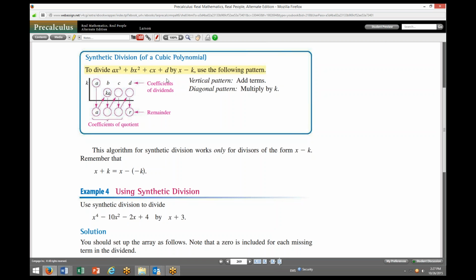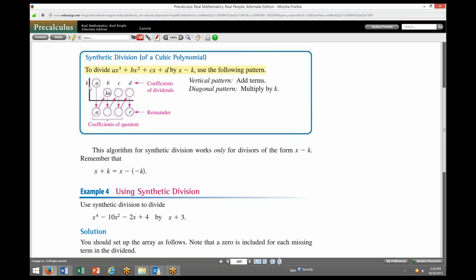But then once you do that, all you write is the a, b, c, d numbers, the coefficients of x to the third, x squared, x, and the constant d. You literally just write those numbers down with their signs, plus or minus, as a, b, c, d in a horizontal row, and then take the number that is being subtracted from x in the divisor. For instance, this time it's x minus k.